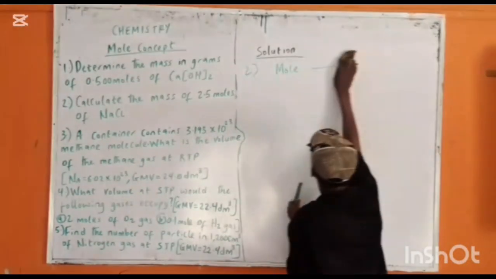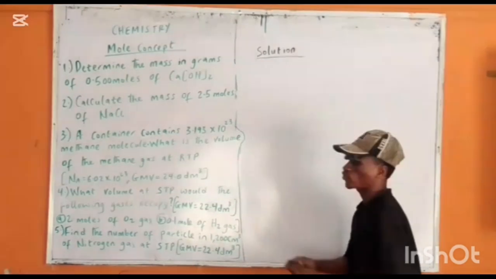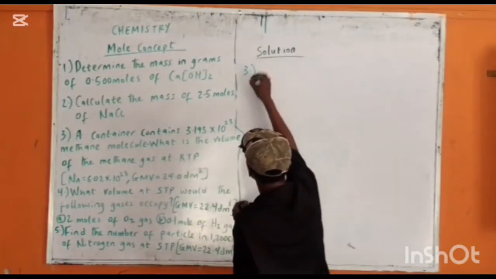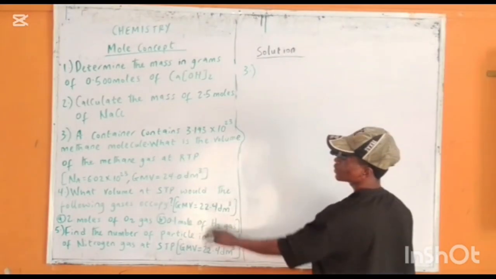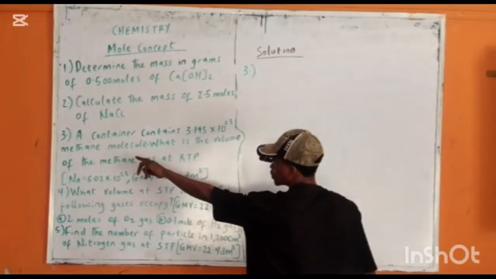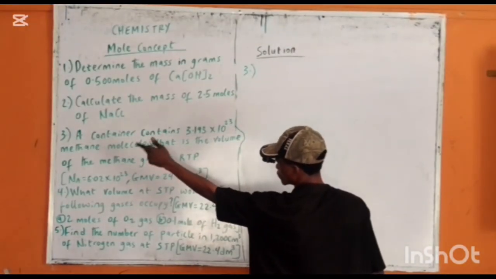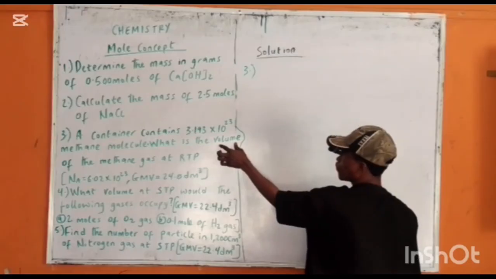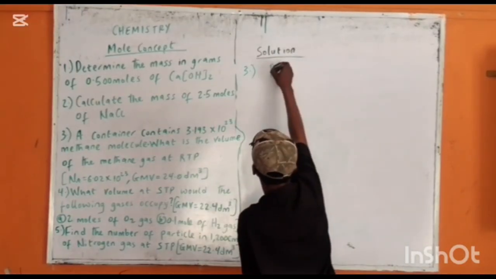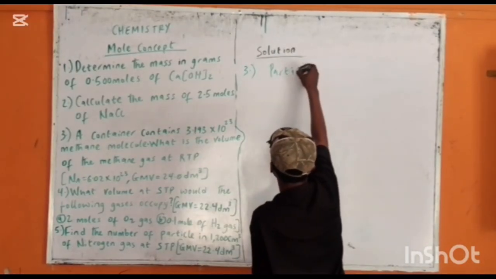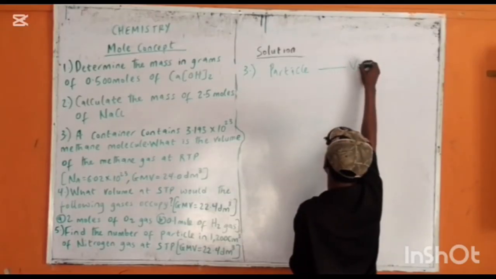For number 3 now, what did I do? I'm having molecules here, which is particles, and I'm having volume here. So I'm having particle here. I'm also having volume.